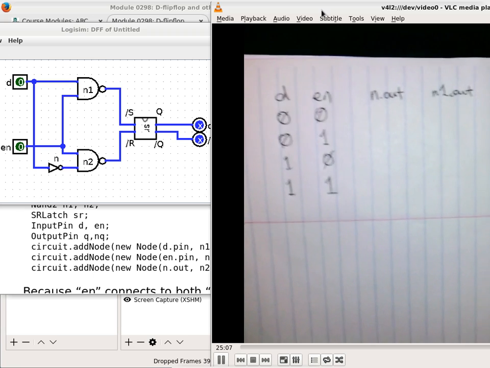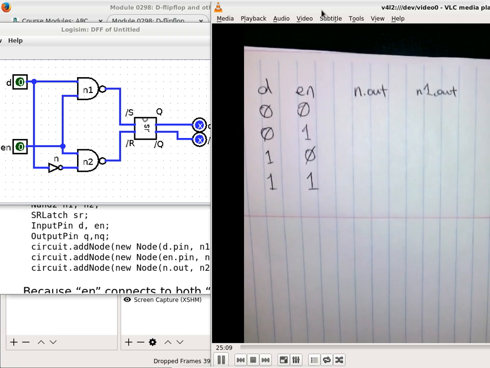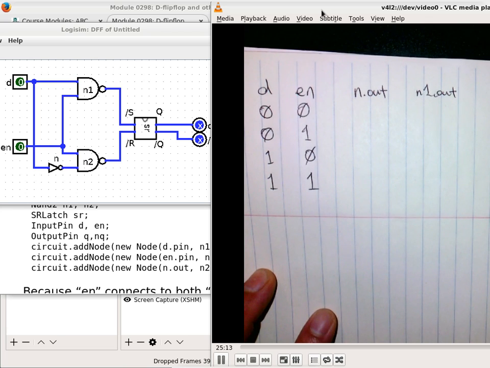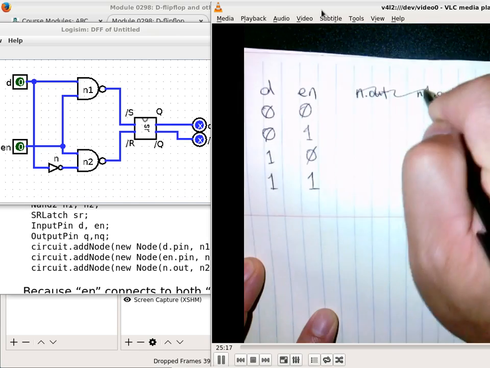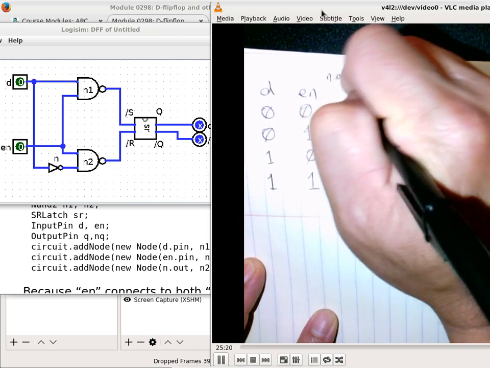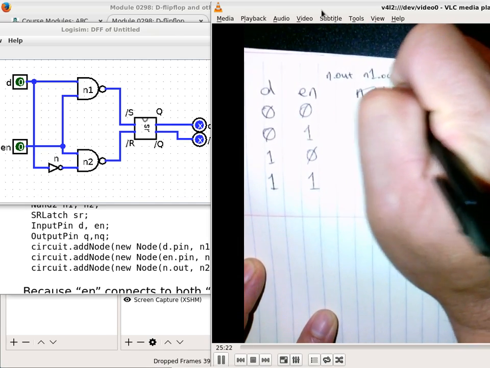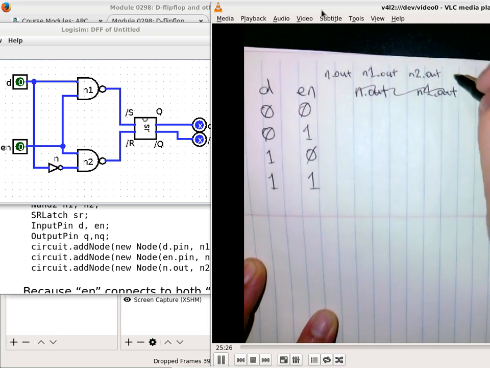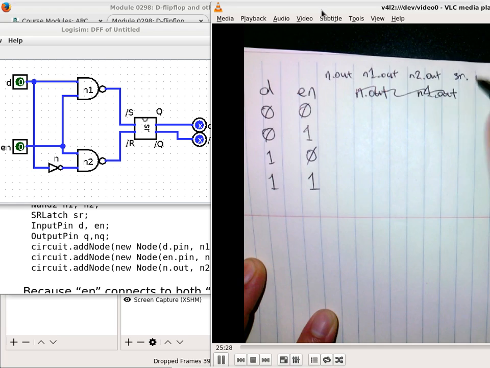That leaves more empty space. There we go, the other side. There we go. And then we have, I need to write smaller. Okay, N.out, N1.out, and then we got N2.out, and then we have SR.Q.